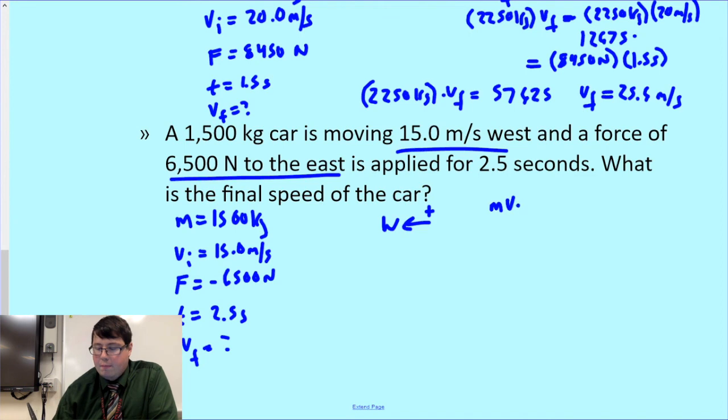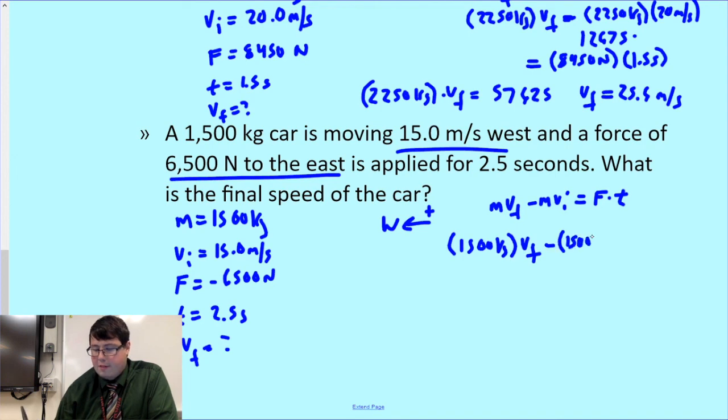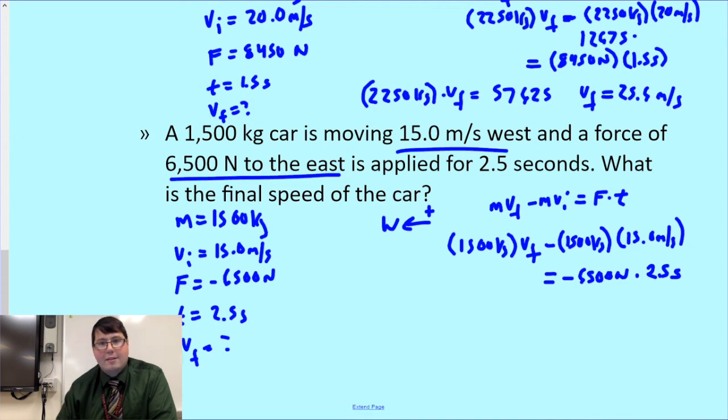So going here, mvf minus mvi equals F times t. Plugging in my numbers, 1,500 kilograms times VF minus my 1,500 kilograms times VI. My VI is 15.0 meters per second. That's going to equal my force, negative 6,500 newtons, times the time of 2.5 seconds.